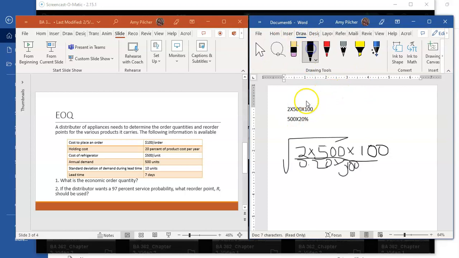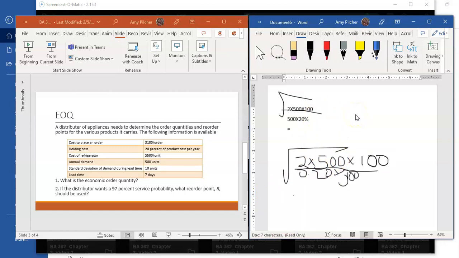Okay, and then the square root of that total. So what we get is that the economic order quantity is 32 refrigerators.